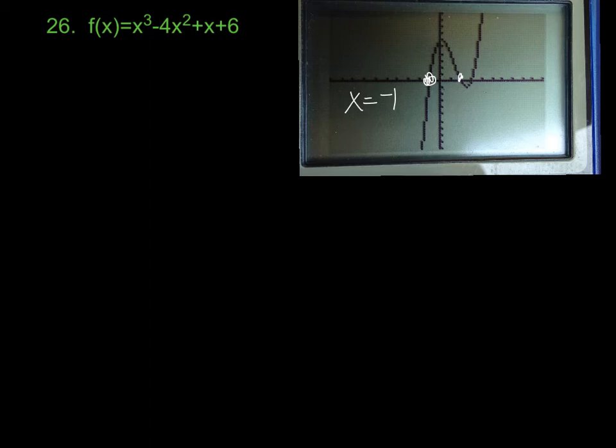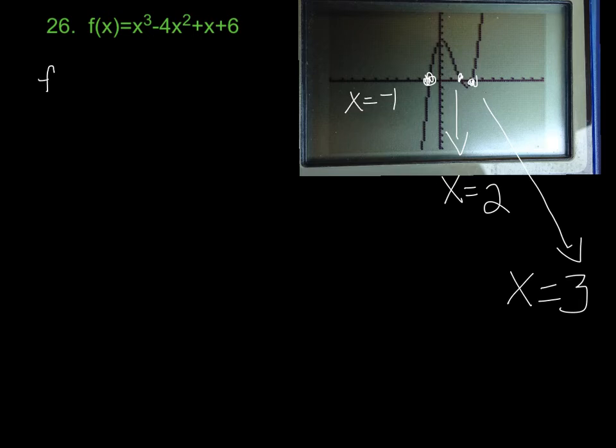This one here, I'm going to just draw an arrow down. That's going to be x equals 2. And then the last one right there, sorry, that's not so great looking, but that's x equals 3. So those are my x-intercepts, where the graph hits the x-axis. So then if I wanted to write f of x in another way, remember what we can do is we can change the signs of each of those x-intercepts.